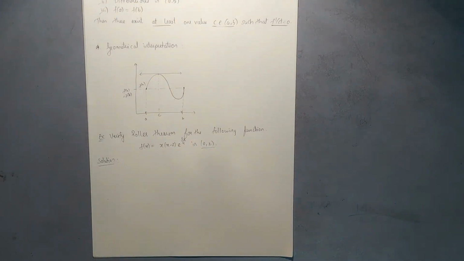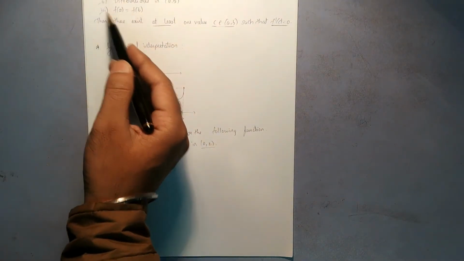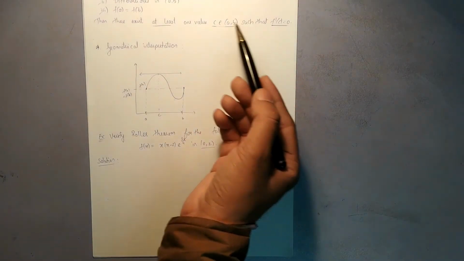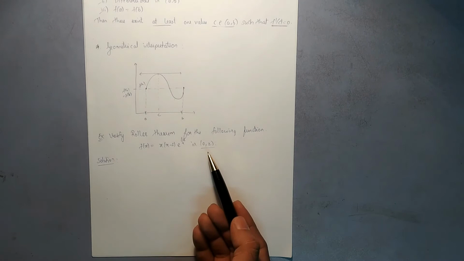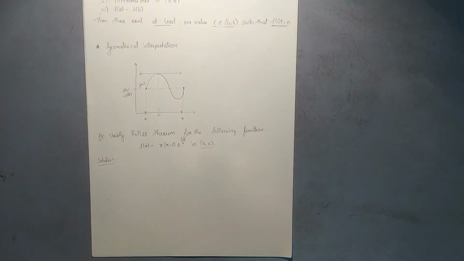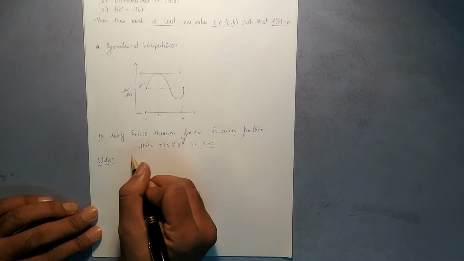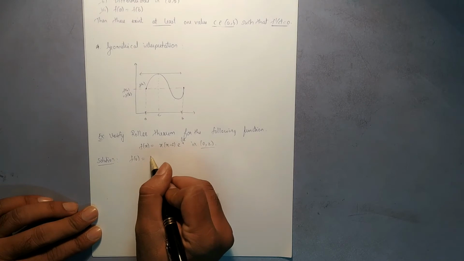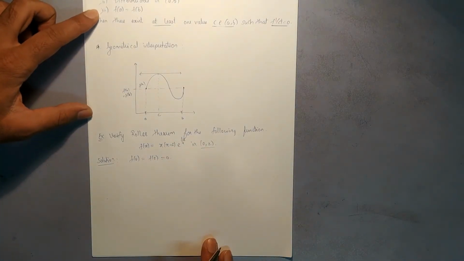So we have to verify Rolle's theorem, meaning we have to check if all the three conditions are satisfied, whether there is one point belonging to this interval at which the derivative is 0. First of all we observe that f of 0 is equal to f of 2, which is equal to 0. The third condition of Rolle's theorem is satisfied.